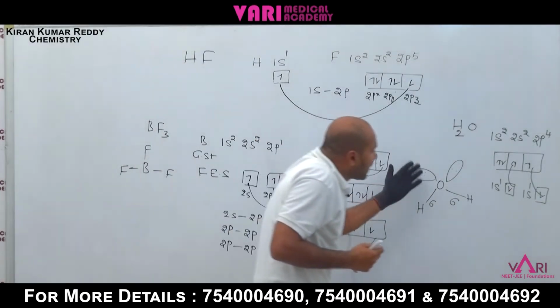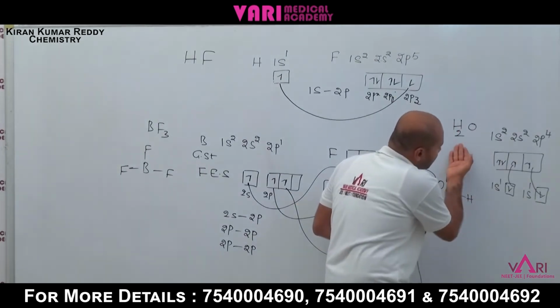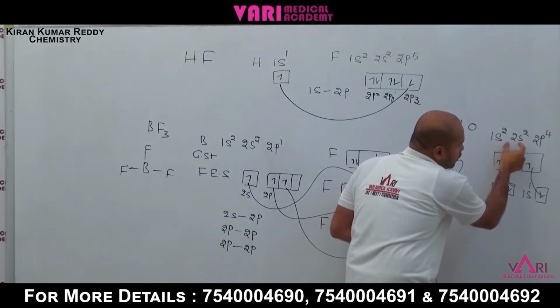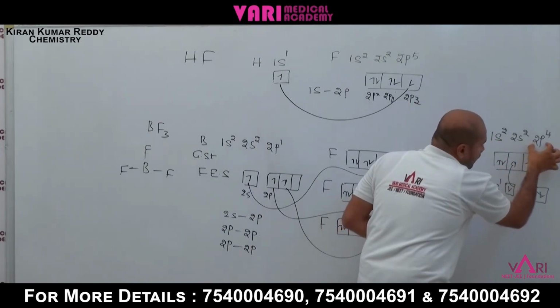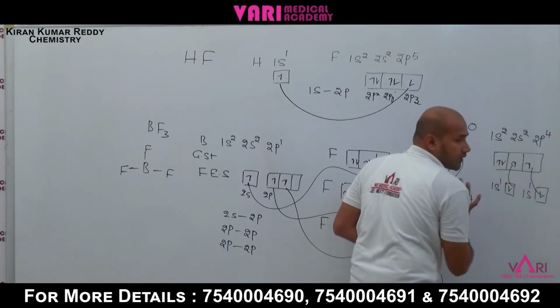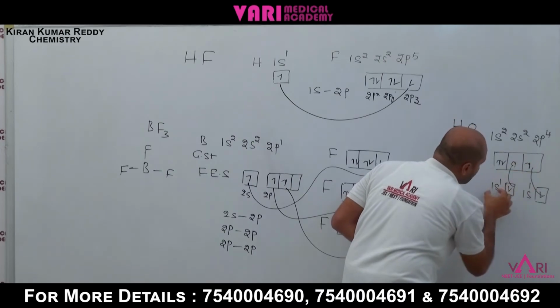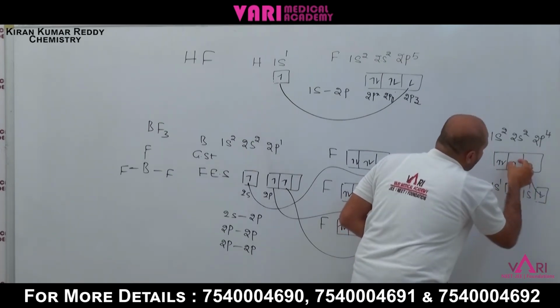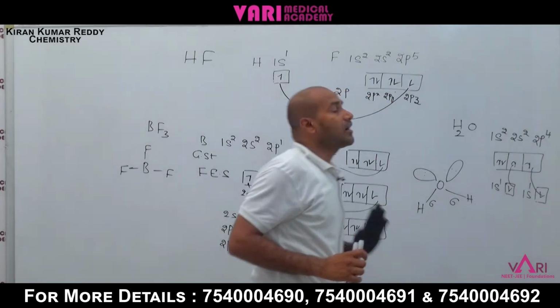Next, if you take the water molecule, 1s2, 2s2, 2p4, in this electronic configuration write 1s2, 2s2, 2p4. Now I am taking out the last shell, p4: 1, 2, 3, 4. Here the half-filled orbitals with opposite spin, the hydrogen and hydrogen atoms and 2p, are overlapping to form 2 sigma bonds.